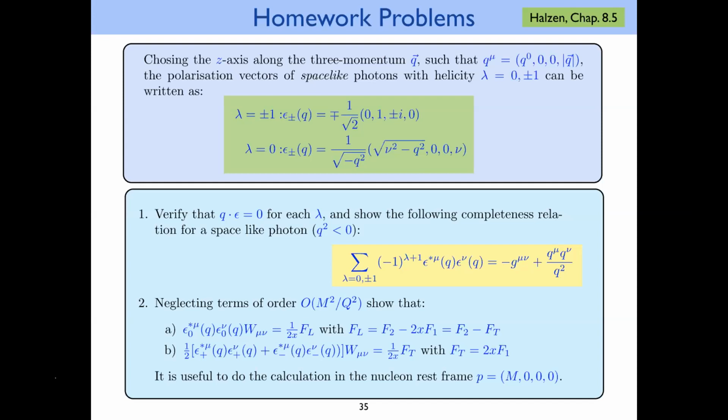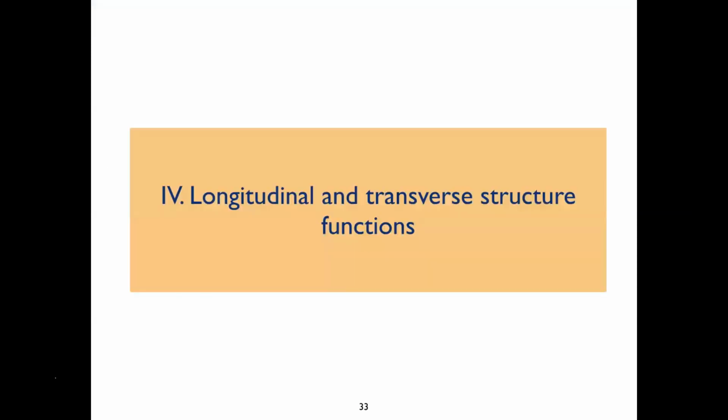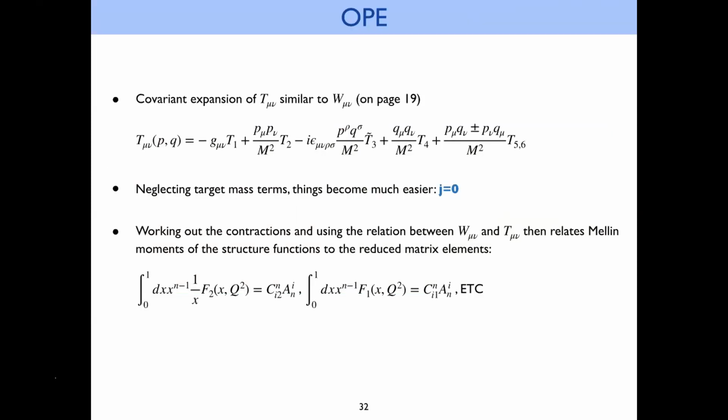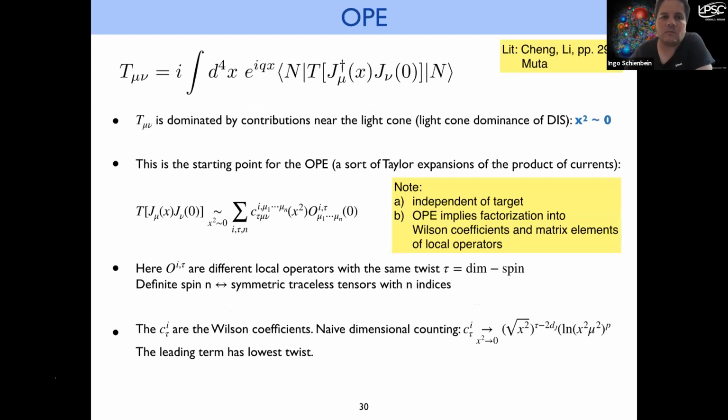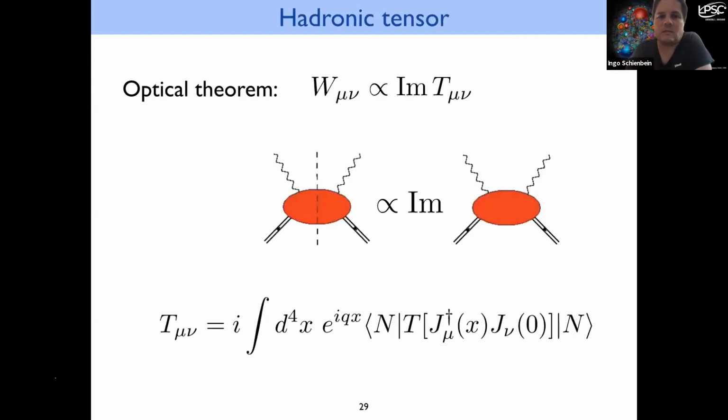You are doing this Mellin transformation. Why do we need this Mellin transformation? Now, it appears when you want to calculate the structure functions via the operator product expansion. So you see we have this relation that W mu nu is the imaginary part of T mu nu.